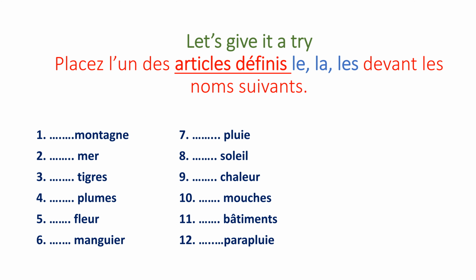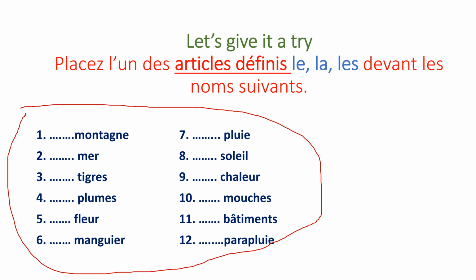How about we give it a try now? Let's do this exercise together, okay? So we're going to choose a definite article, which is either le, placed before a masculine singular noun, or la, placed before a feminine singular noun, or les, placed in front of either a masculine or a feminine noun. It doesn't matter as long as it is in plural.